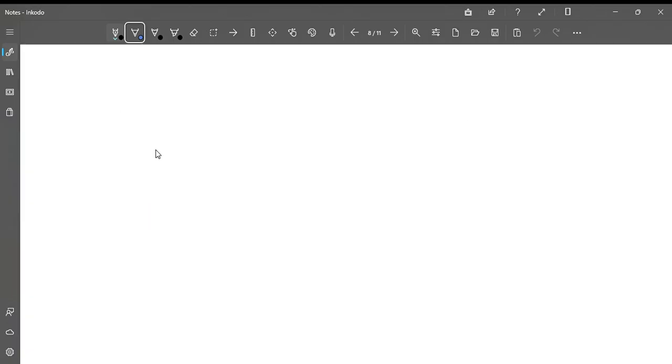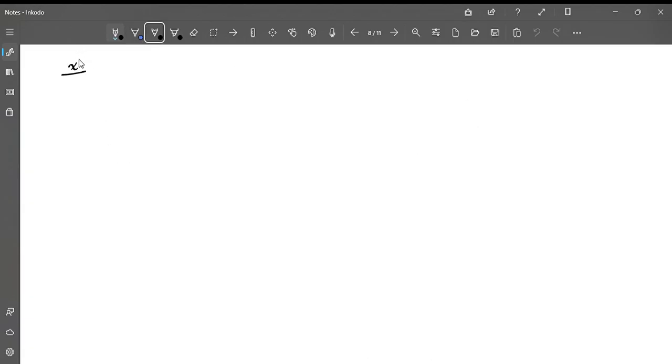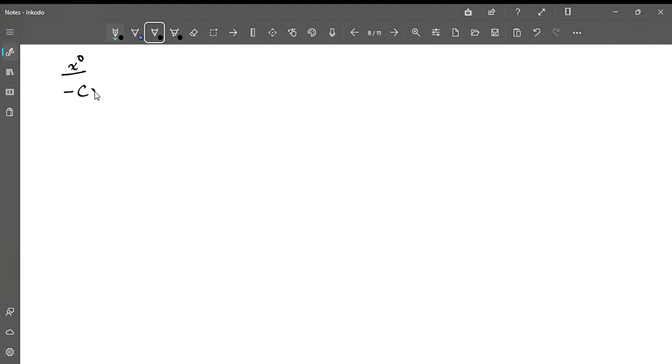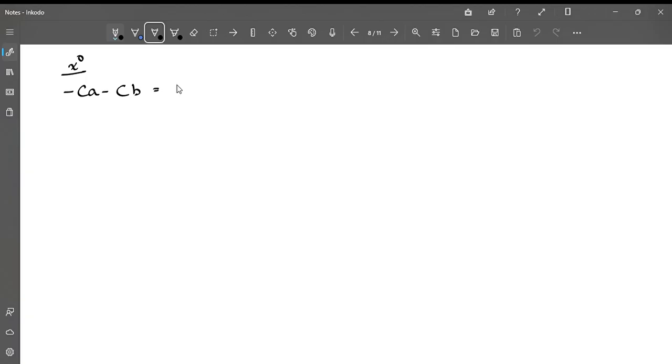Then, you don't have to compare x; you can compare x to the power 0. If you compare minus ca minus cb, it is equal to minus a cubed plus b cubed.